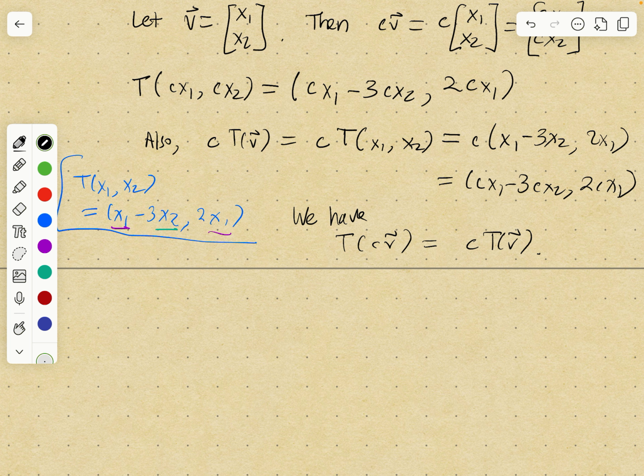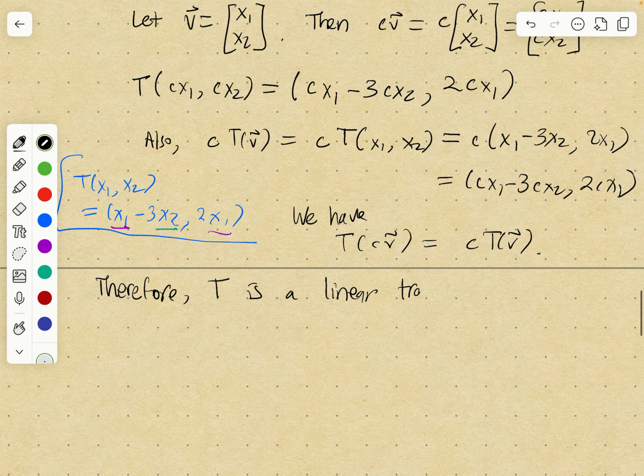And since the first and second conditions are true, we conclude that therefore T is a linear transformation. Okay? So that's the proof. That's how you prove using the definition that a function is a linear transformation.